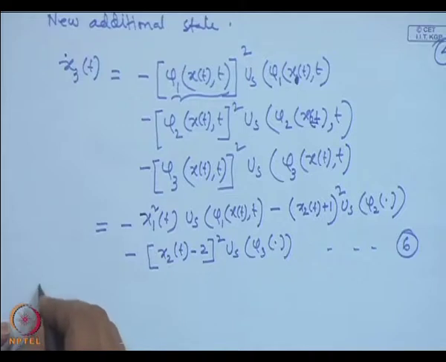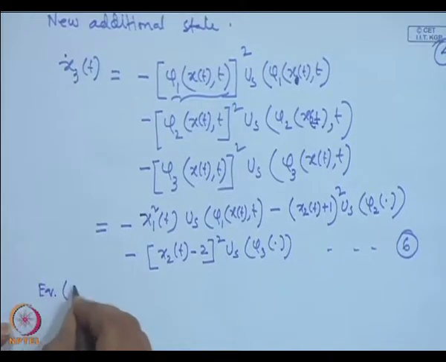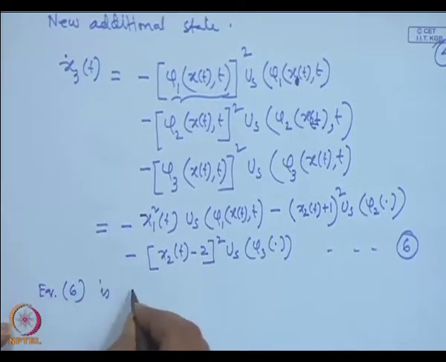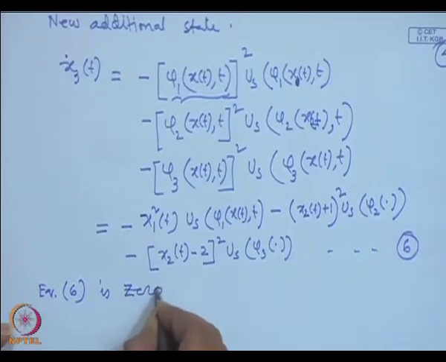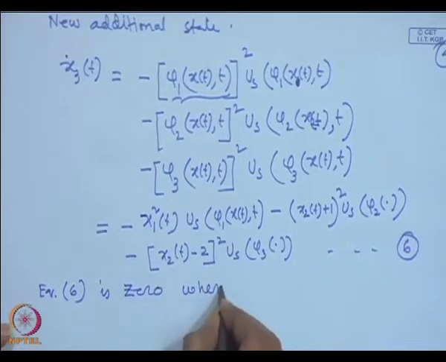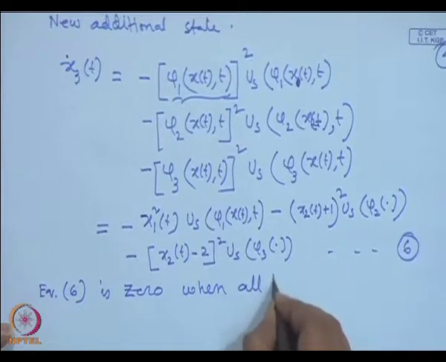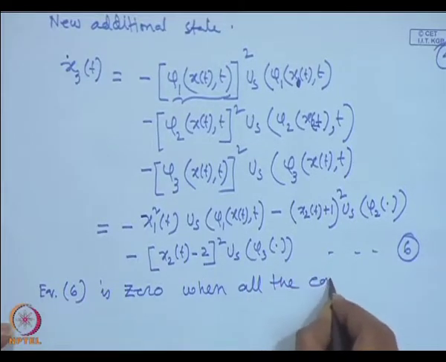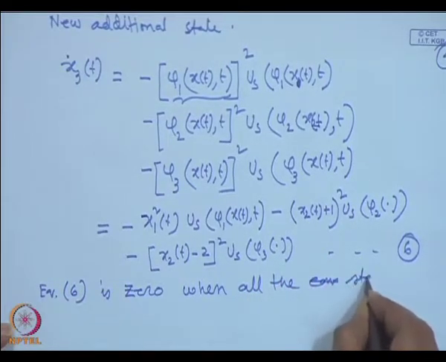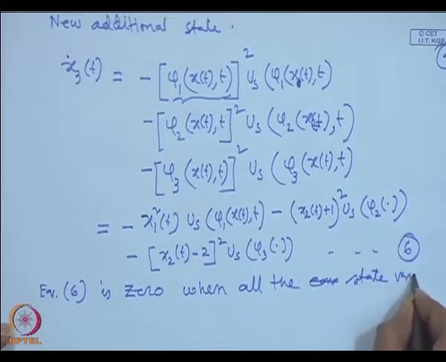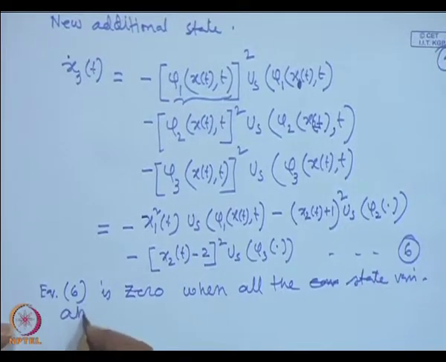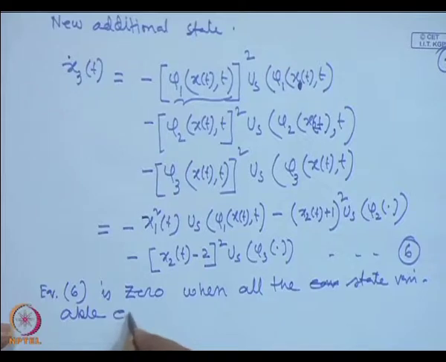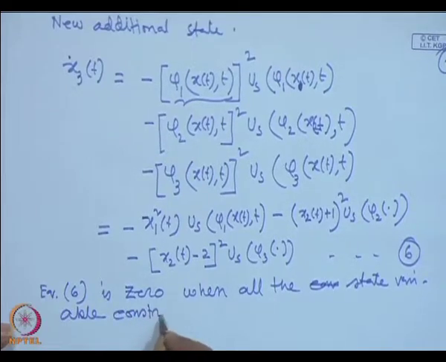So, equation 6 is 0 when all the state variable constraints are satisfied.